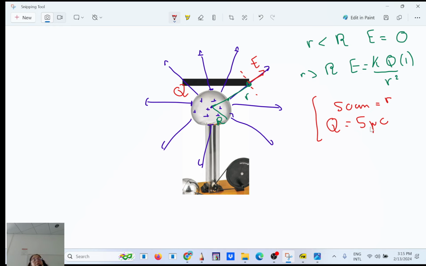So you see it's a very little charge. That's why it cannot be dangerous. You cannot have a lot of charges here because of the geometry. They repel each other. There is only so much that you can put in there. At some point, no more. So it cannot kill you. Can you find the electric field here at a distance of 50 centimeters? So we suppose the size is smaller than 50.